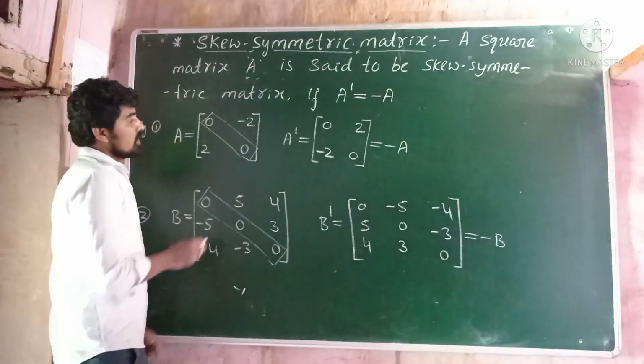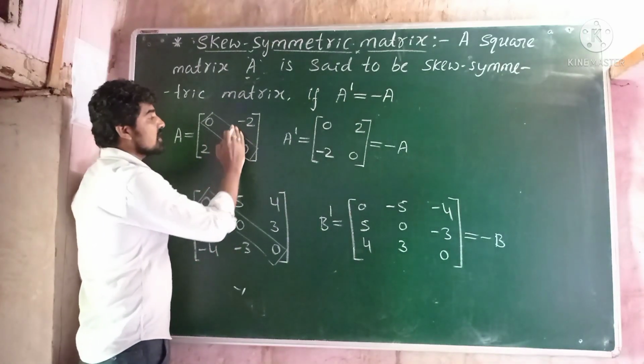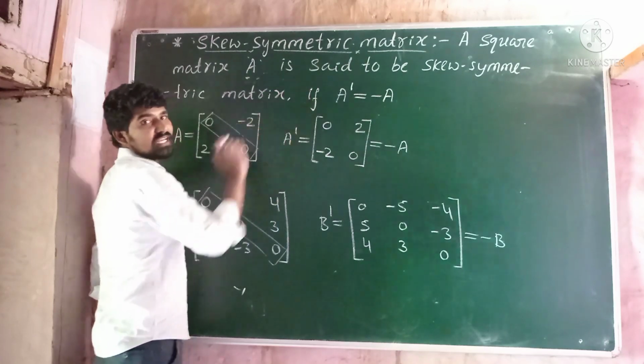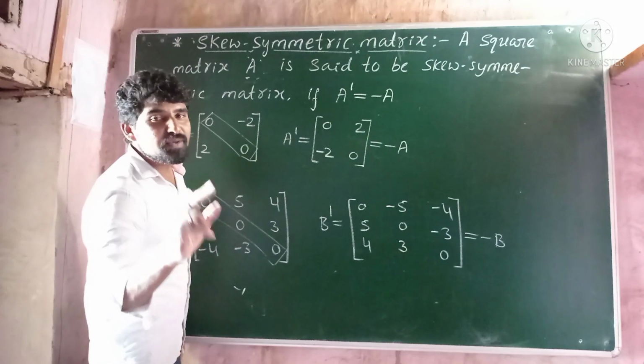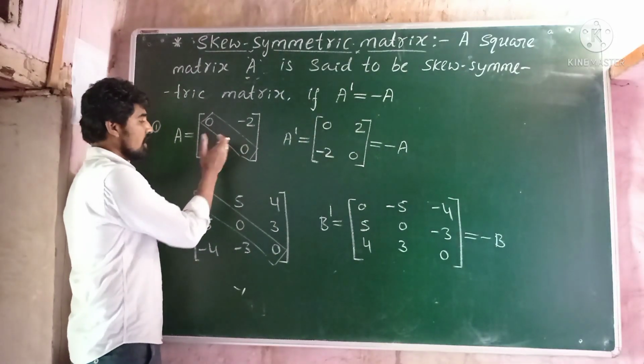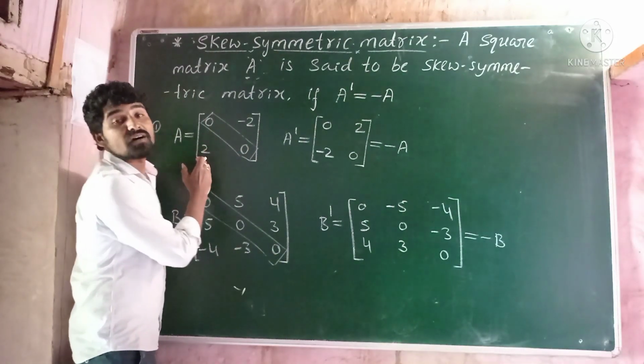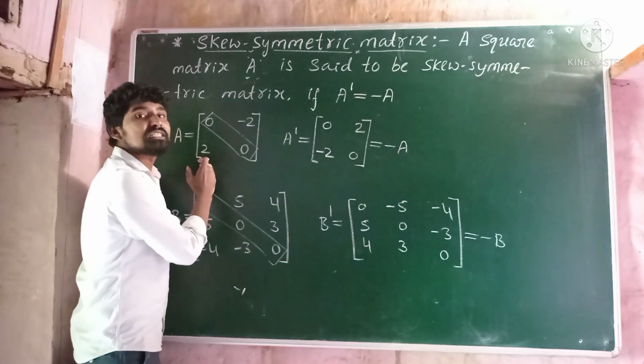And the elements which lie above the diagonal elements are the mirror images of the elements below the diagonal elements with opposite sign.